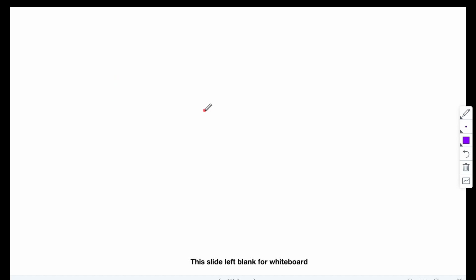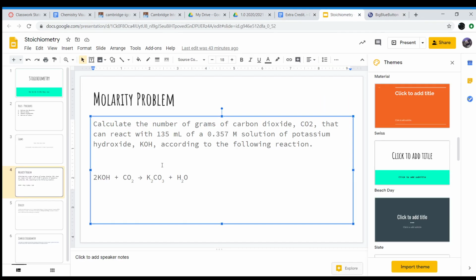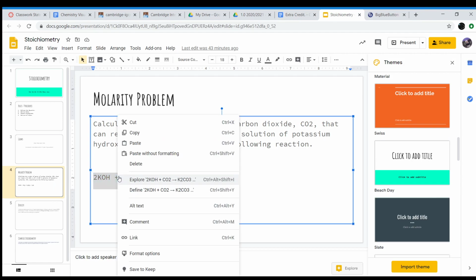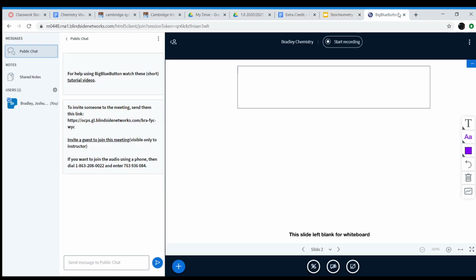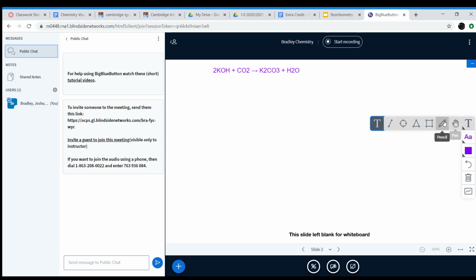So in this case, what we'll go ahead and do first is remember not to forget our equation. So let's go ahead and grab our equation here. Okay, so we've grabbed our equation, and the first thing that we should notice is, is it balanced?